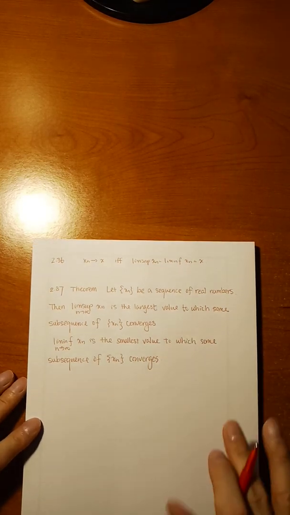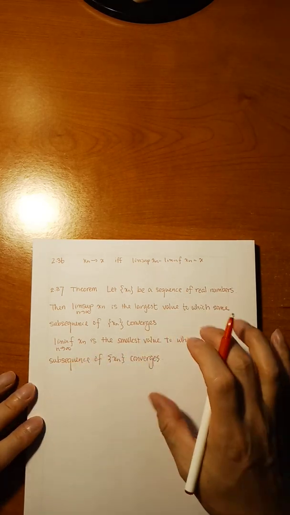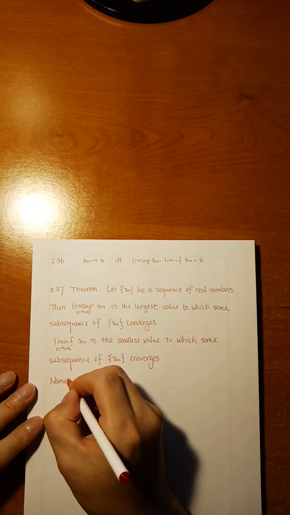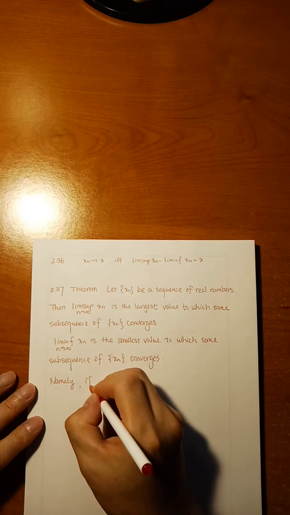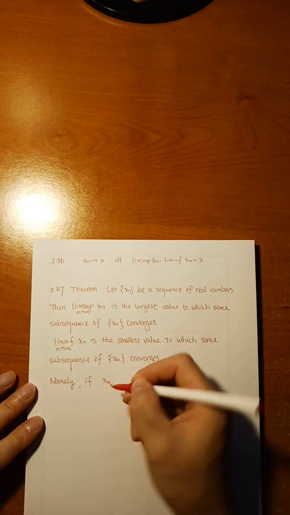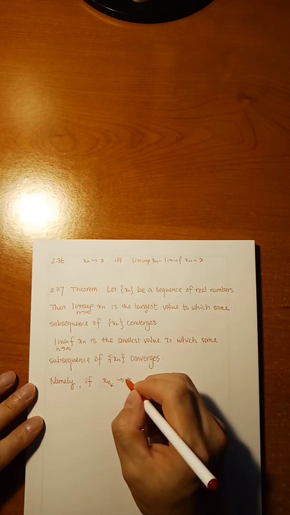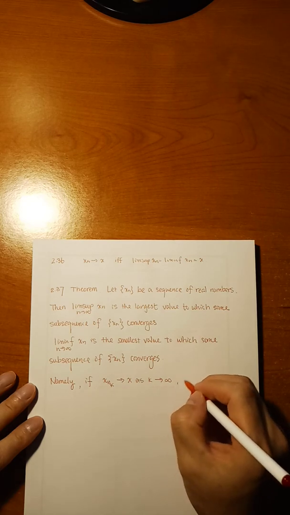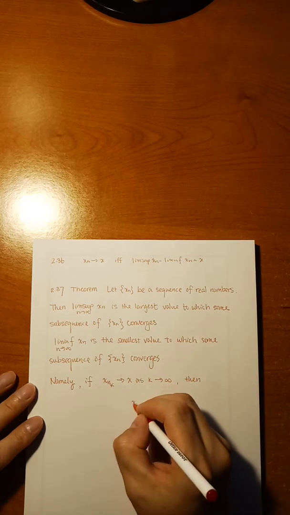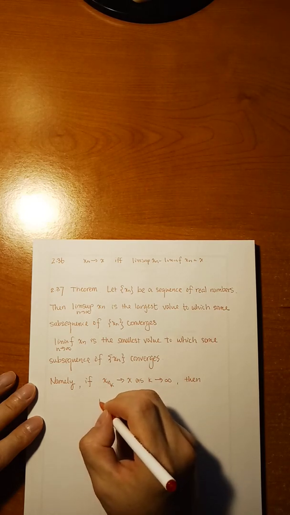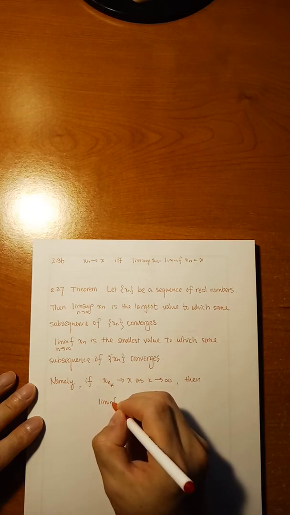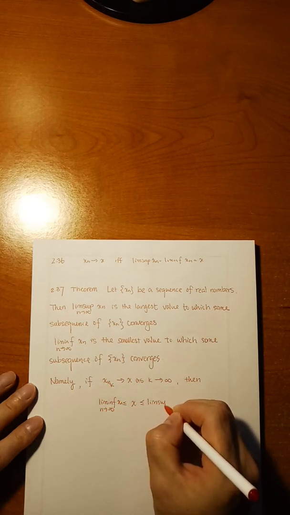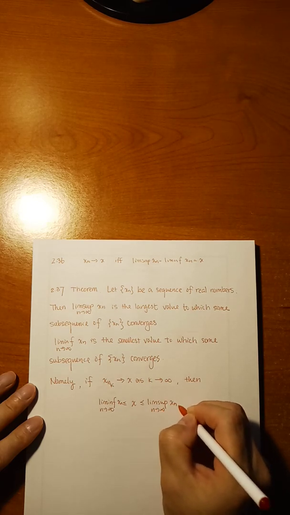Okay, and the statement gave a different characterization, namely, if we have a subsequence xnk converges to x as k approaches infinity, then this limit x is greater than or equal to the lim inf of xn and less than or equal to the lim sup of xn.